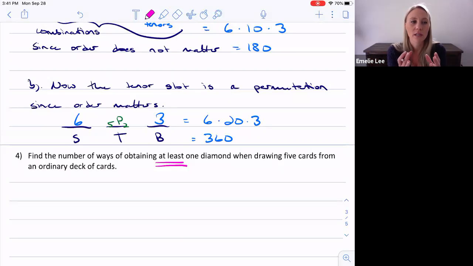Because there's only one situation, and that's if there's no diamonds in my 5 card hand, right? So then I can just pull those out of all the 5 card hands, and then I have the same result. Either way, if you want to, just work through it, right? Just remembering that at least 1 means 1 or 2 or 3 or 4 or 5, right? You'd have to figure all those out and then add them up. Totally fine. Should get you to the same answer.